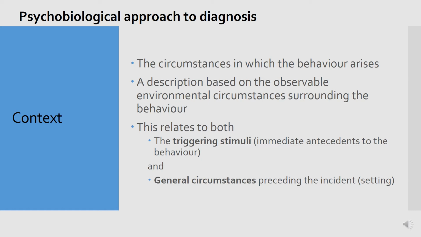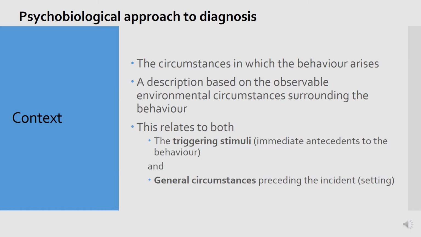So we wouldn't say that the context is when the animal is scared, because that is an inference. But we would say that in the presence of certain stimuli, the behaviour arises. So we're looking at those observable events. And then we think about context in terms of environmental circumstances that trigger the response.